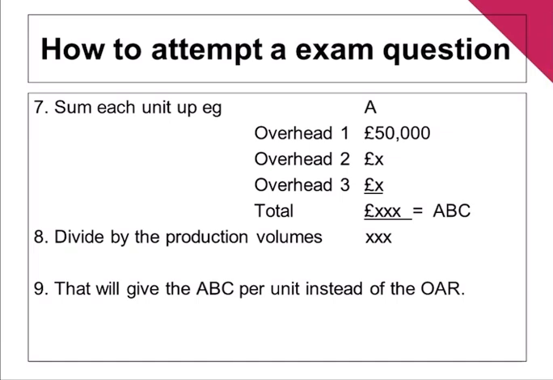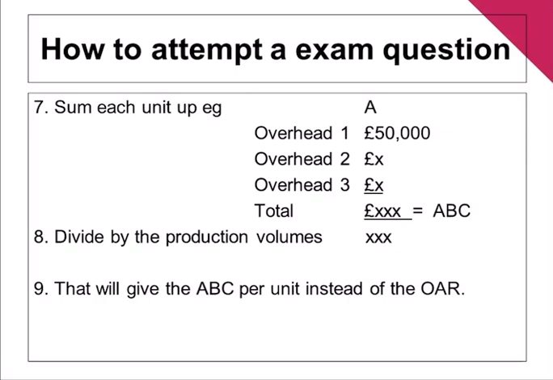Once you get that, you add the 3 together, and if you divide by your production volumes, you will have your activity based cost per unit for A, and then you would compare it to your OAR. So in essence it's just two acronyms against each other.